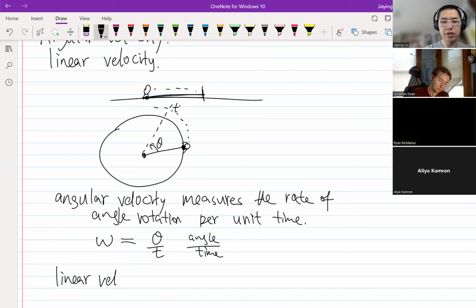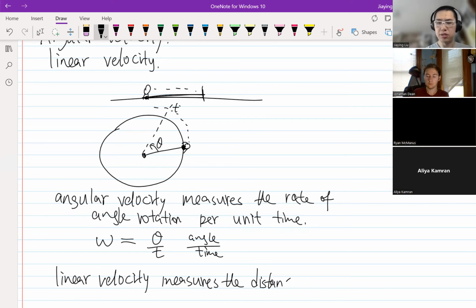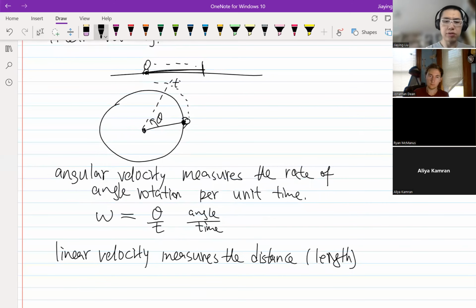Linear velocity, or linear speed, in this case measures the distance, or sometimes I like to use length, traveled per unit time.